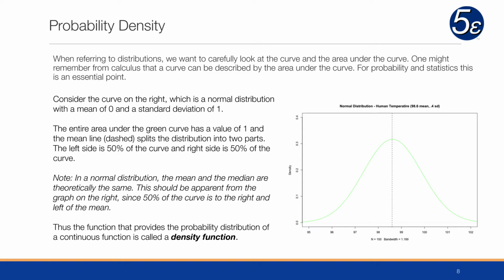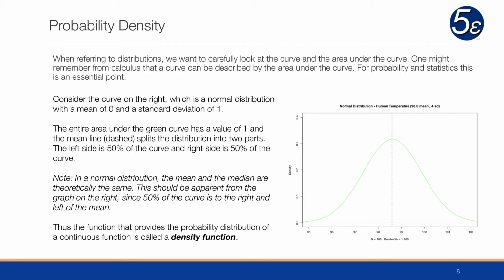When referring to probability distributions, we want to carefully look at the curve and the area under the curve. Now, one might remember from calculus that a curve can be described as the area under the curve. For probability and statistics, this is an essential point. Consider the curve on the right, which is a normal distribution with a mean of 0 and standard deviation of 1. The entire area under that green curve has a value of 1.